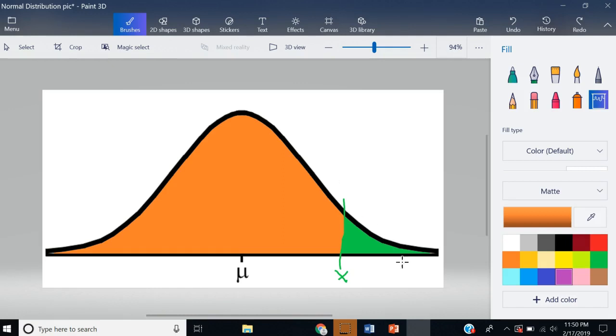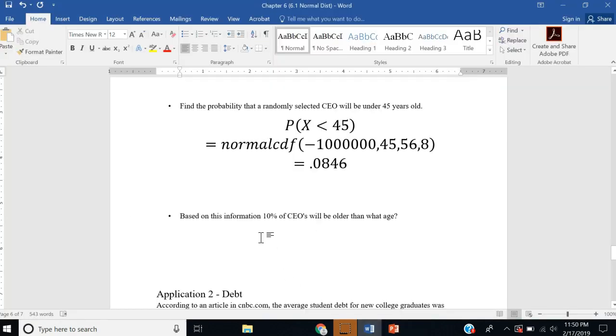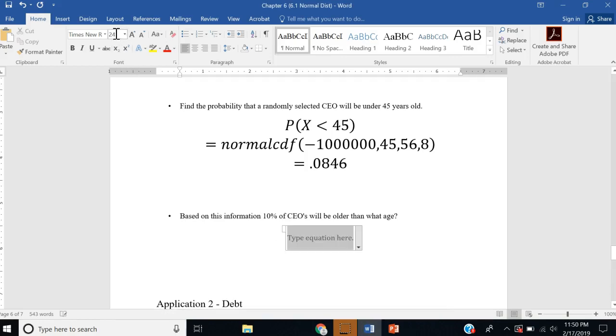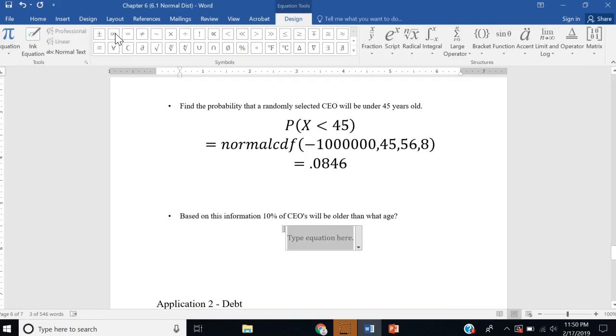All right. So when we go and type this in, the x value is inverse norm 0.9, and then the mean is 56 and the standard deviation is 8.